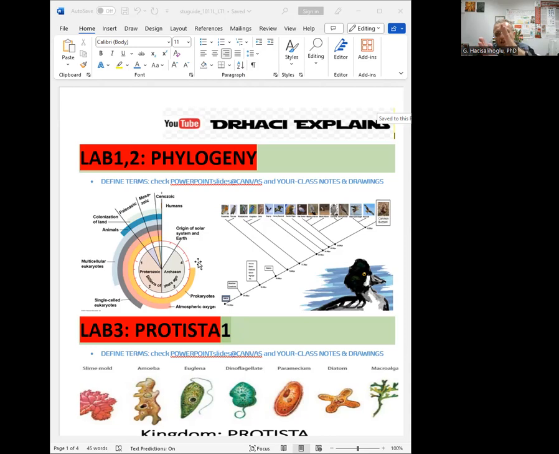And there are sister taxa, which branch out from the very end and are closest to each other, and then the branch points that we have. Because of this whole evolutionary relationship, we can design this tree called a phylogenetic tree. So just remember that.